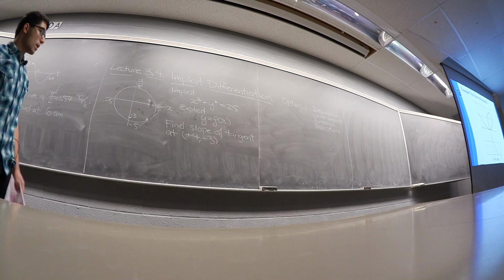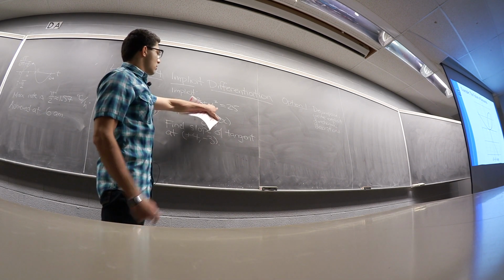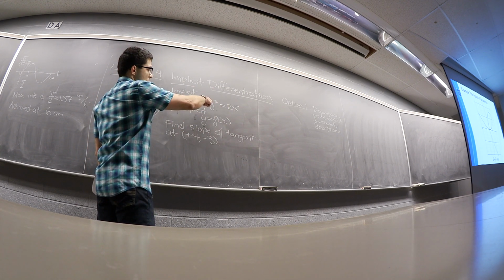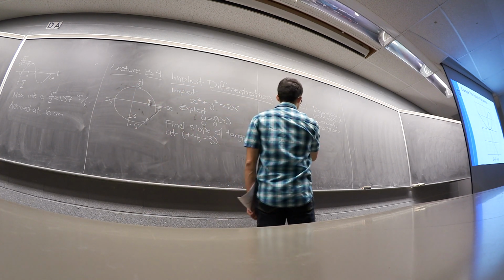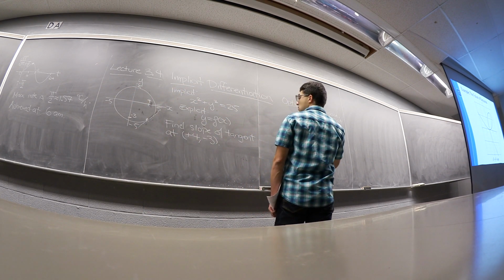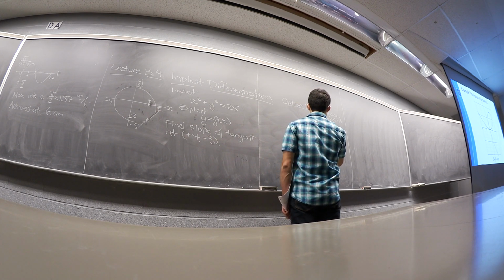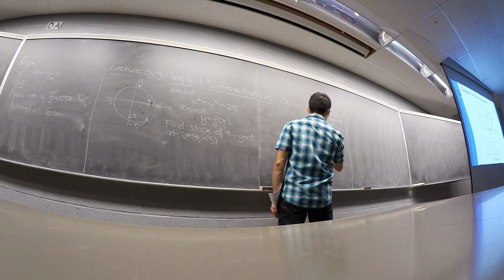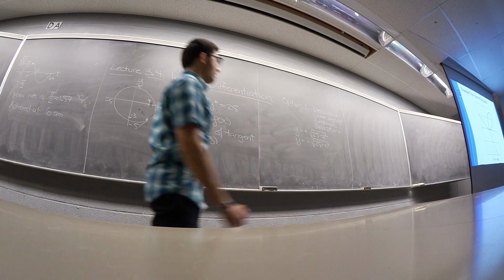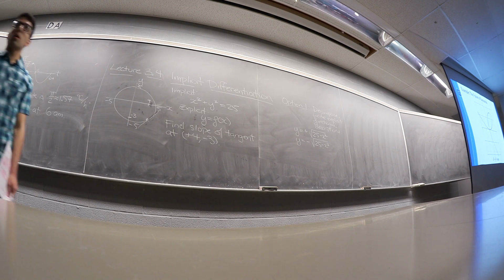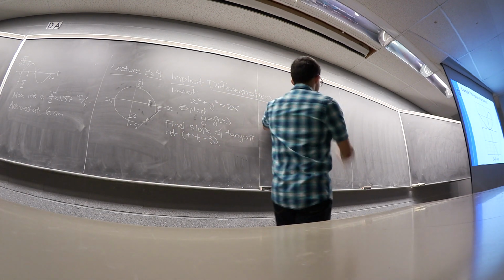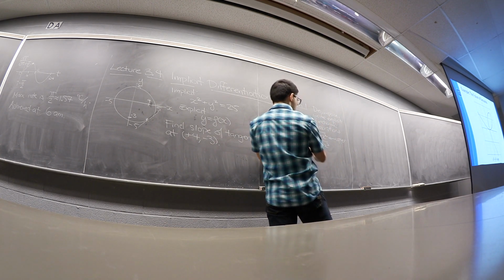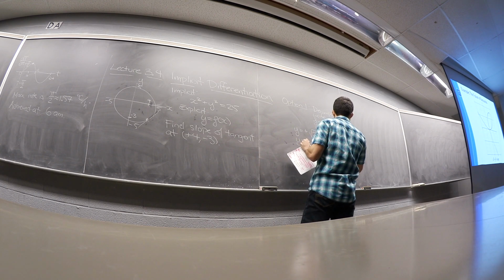So you could write this as y squared equals 25 minus x squared, and from that you get y equals plus or minus the square root of 25 minus x squared. This describes the upper semicircle. This, with the minus sign, describes the lower semicircle.